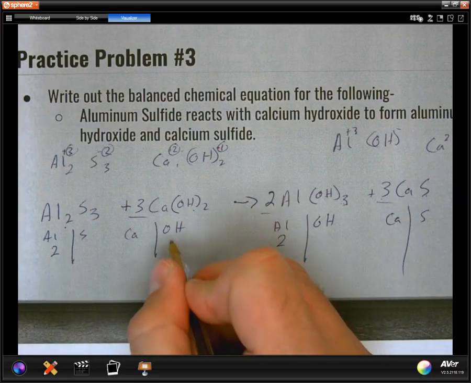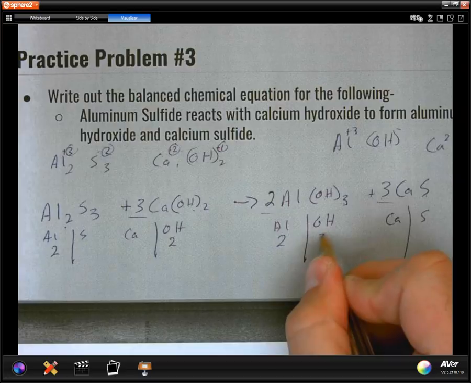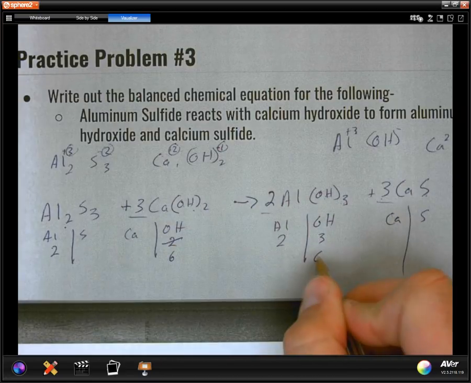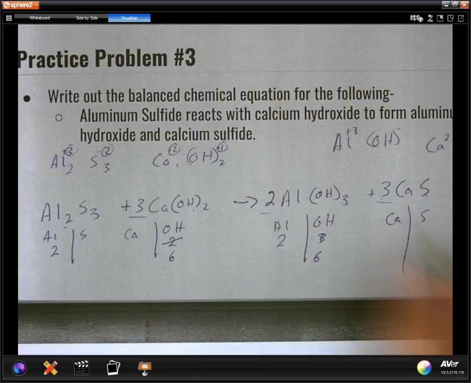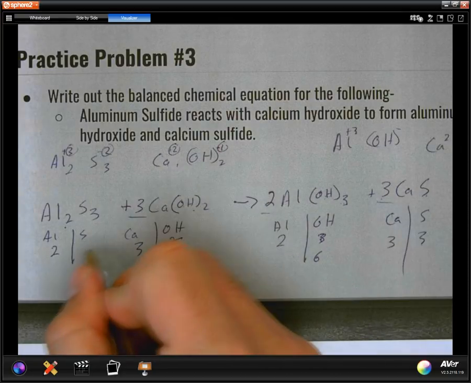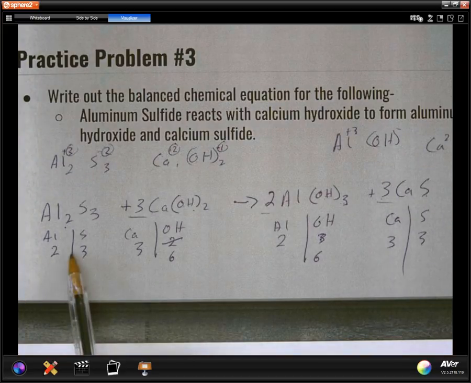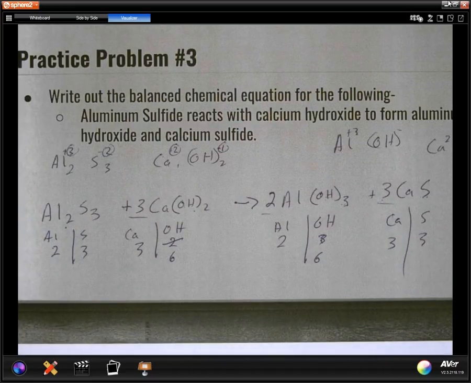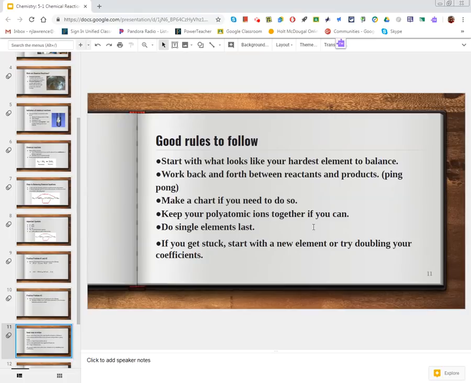Well, I have 2 and I have 3. So once I double them up, now I have 6. Now I have 6. So you can make a chart like that. Double check it. You got 3 and 3 sulfurs, 3 calciums, 3 sulfurs. So if you want to go through and make a chart to double check your work or to help you along the way, that's fine. But really, if you just play ping pong, I think you'll find it's pretty straightforward.